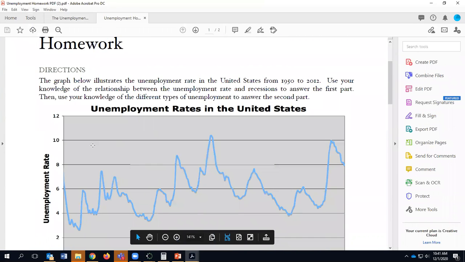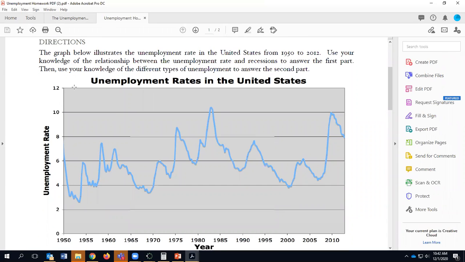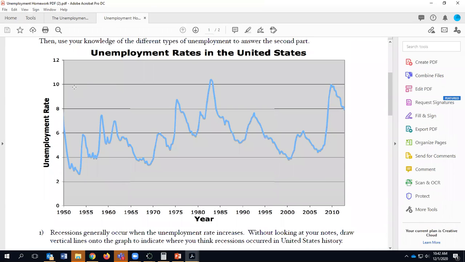All right, flip it over to the homework. So the graph below illustrates the unemployment rate in the United States from 1950 to 2012. Use your knowledge of the relationship between the unemployment rate and recessions to answer the first part, and then use your knowledge of the different types of unemployment to answer the second part.